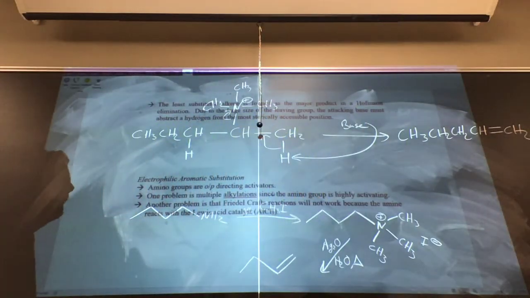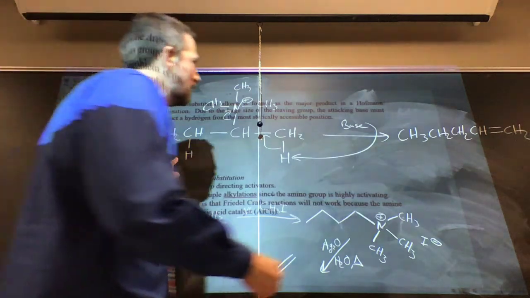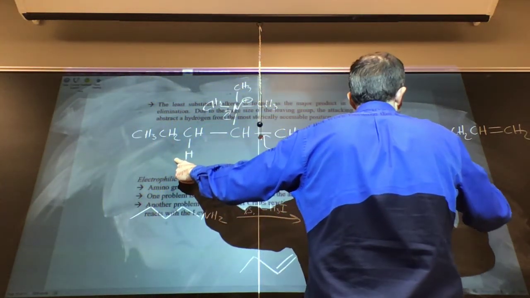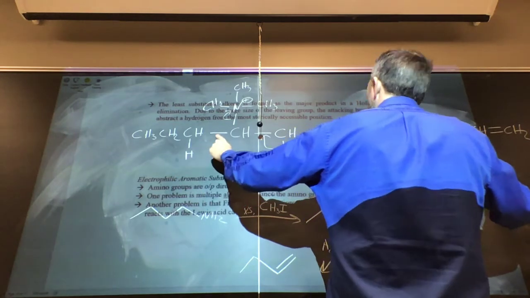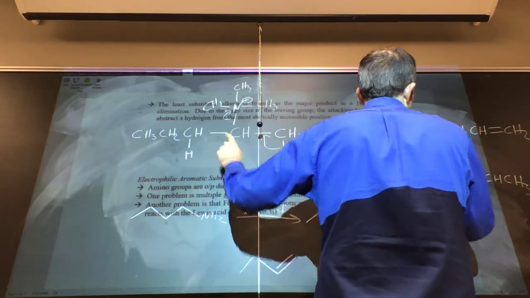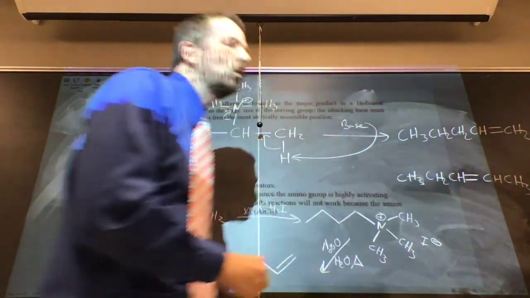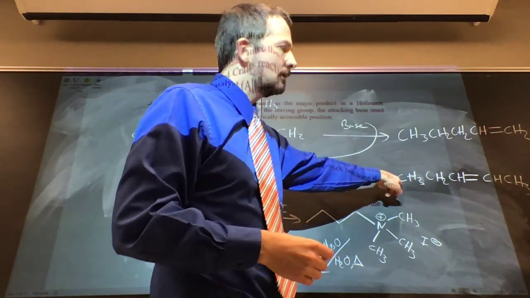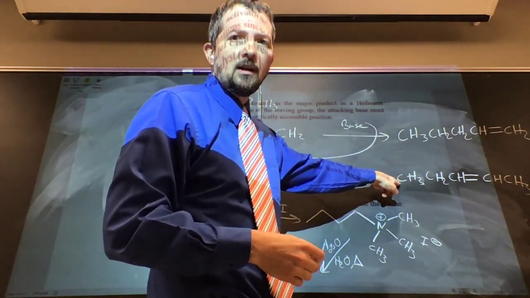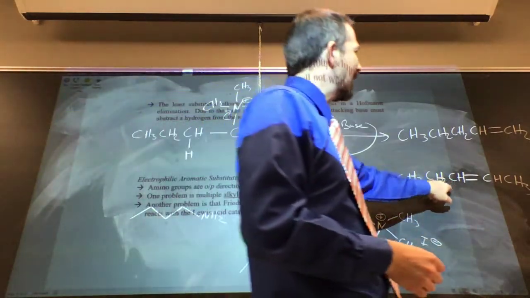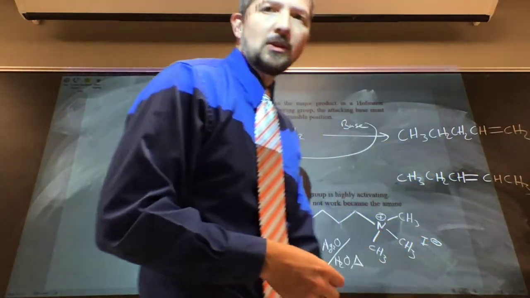Okay, so that's one position. Now if it attacked here, which in most elimination reactions is a product that we would expect because it's the more substituted alkene. So this one's a disubstituted alkene, this one's a monosubstituted alkene.